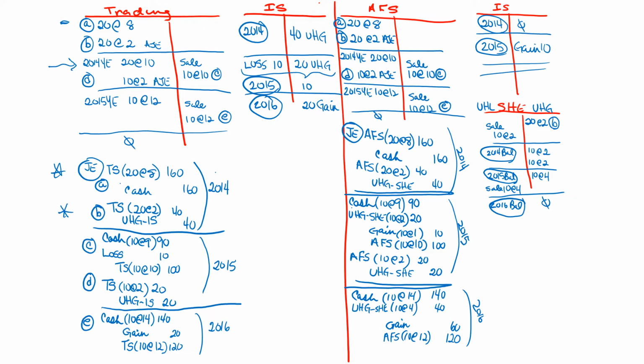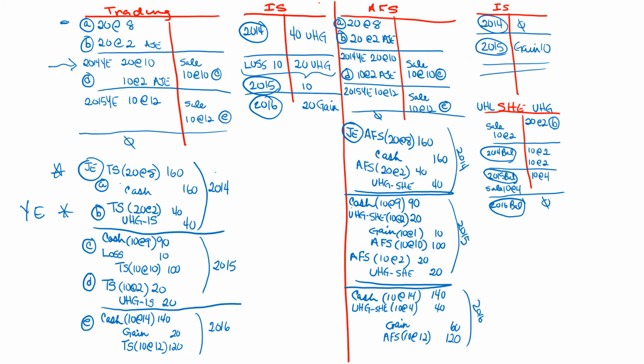So at year-end, we're going to debit trading securities and credit unrealized holding gains on the income statement. So that income statement will show a gain from ZZZ of $40.